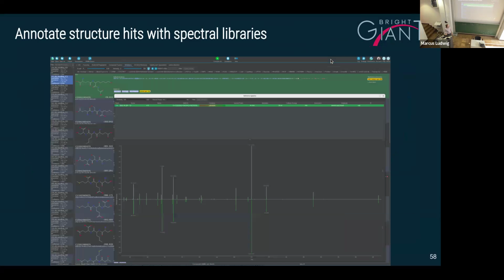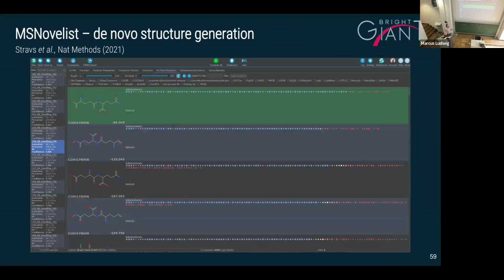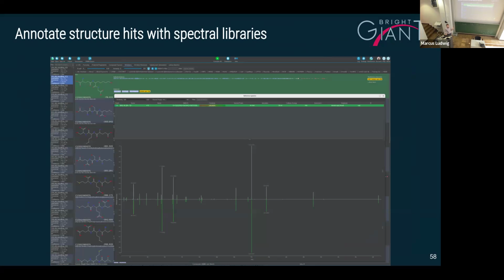But the most important thing, obviously, a dark theme is always important for each software. But hopefully Sirius 6 will come out in the next 3 to 4 weeks. And on the one hand, we also implement spectral library support in a way that we annotate our structure annotations with spectral hits to give you another layer of confidence that you can manually check in case you have a spectrum.